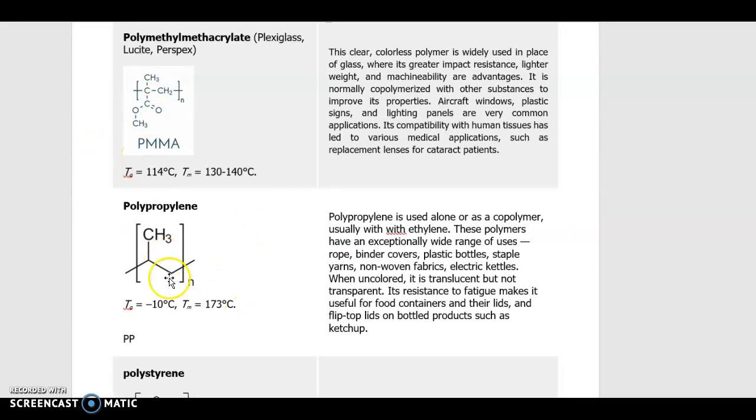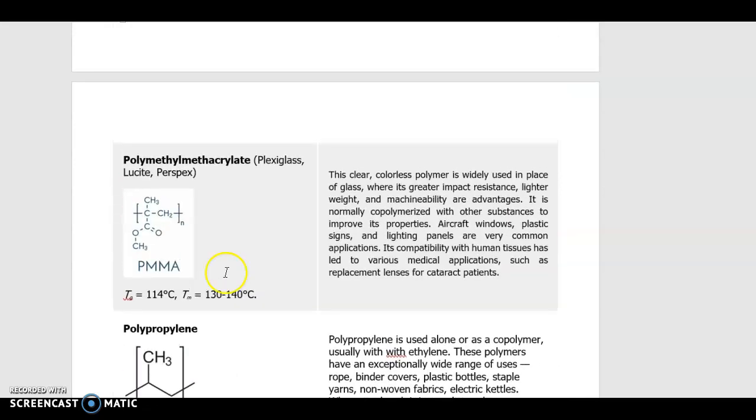So for example, polypropylene has a TG at negative 10 degrees. That's below the freezing point of water. So at room temperature, you've already gone above the TG. That's why polypropylene containers are flexible. They're not melted unless you get all the way up here.